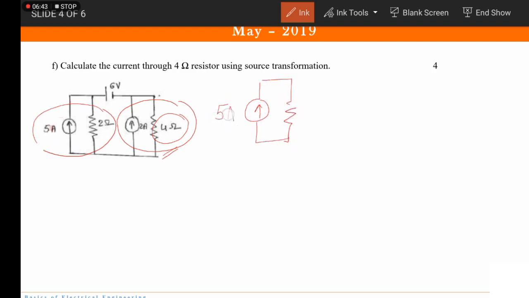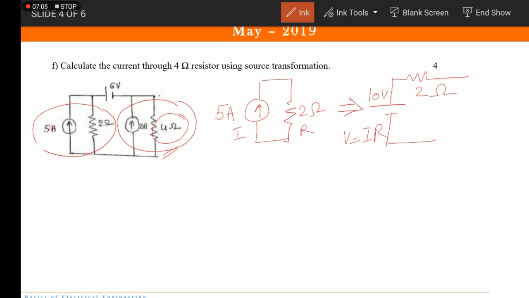So this is 5 ampere, this is 2 ohms. So this is I, this is R. So what is going to be V? V will be IR. So it is 5 into 2, that becomes 10 volts, and then in series with the resistor 2 ohms.